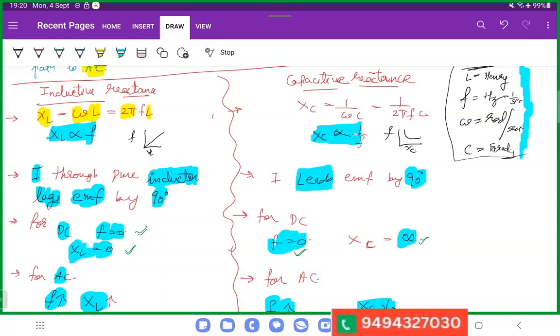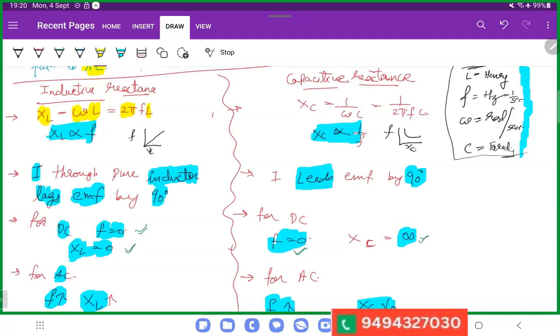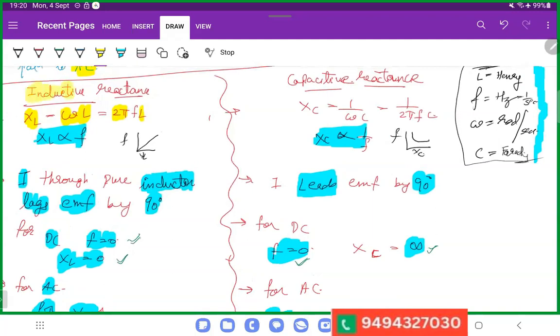Simple, you can remember this. Reactance means resistance offered, resistance in an inductive circuit or in a capacitive circuit. So it is called capacitive reactance, inductive reactance.